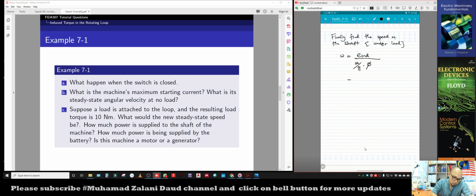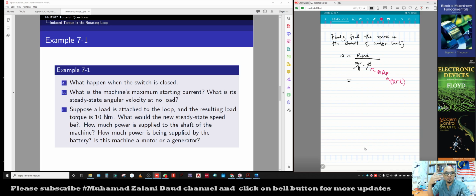We can use the same method that we have done before. We replace phi with BAP, then we replace AP by pi RL, and then we can cancel pi.